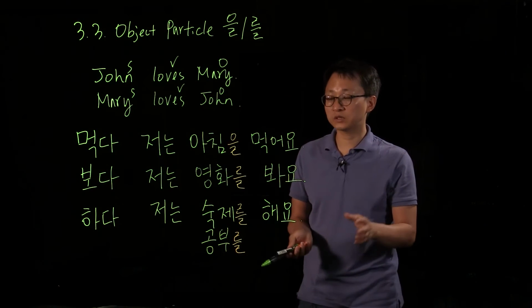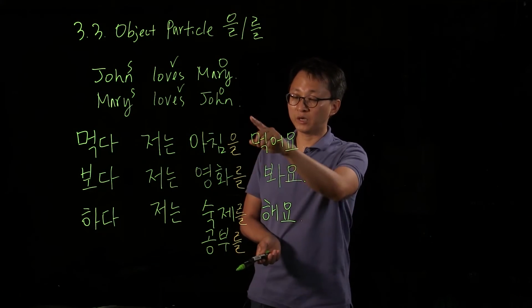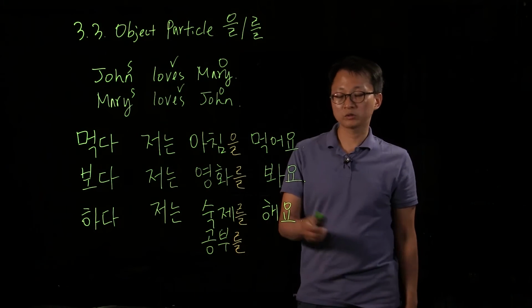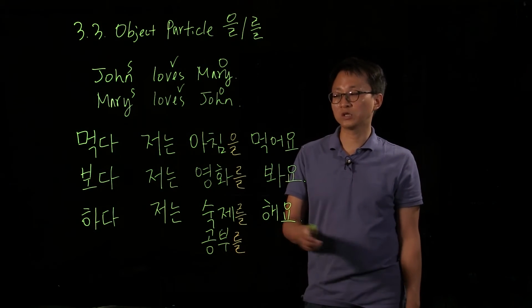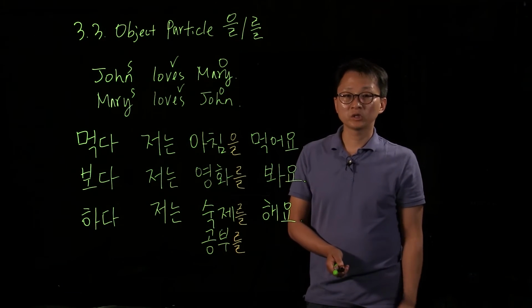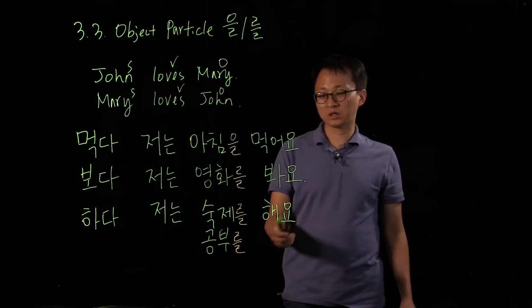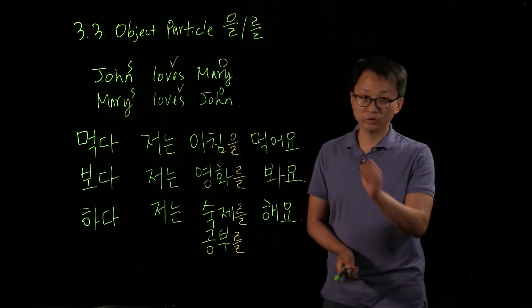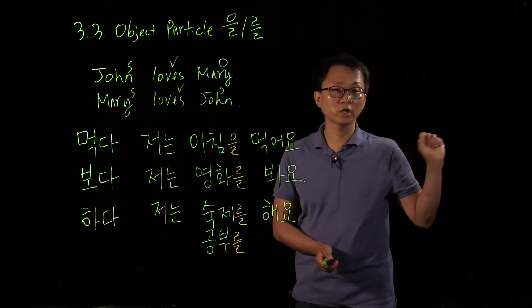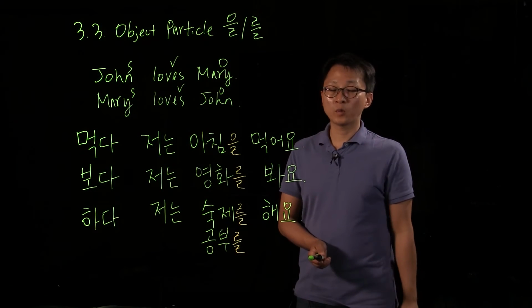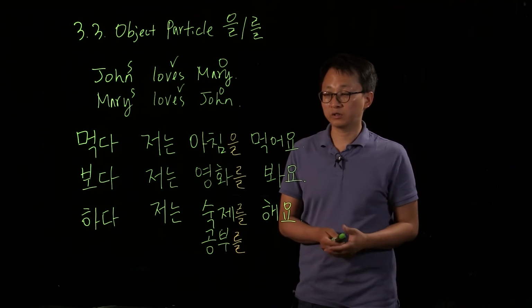So you can specify the object by using 을/를 or just omitting them, like 숙제하다, 공부하다. That is fine too. Generally, when you speak, 숙제하다, 공부하다 sounds natural, but when you write, 숙제를 해요, 공부를 해요, sounds more polite or more accurate.